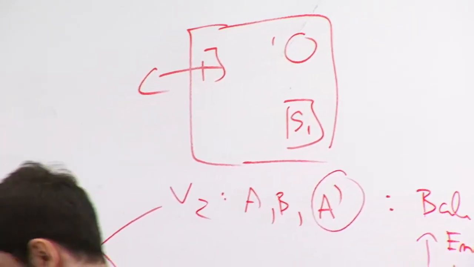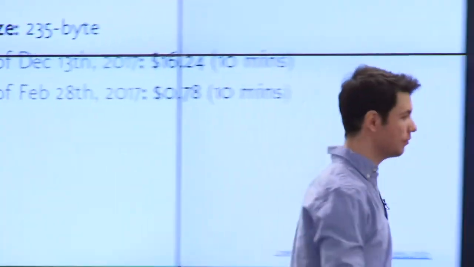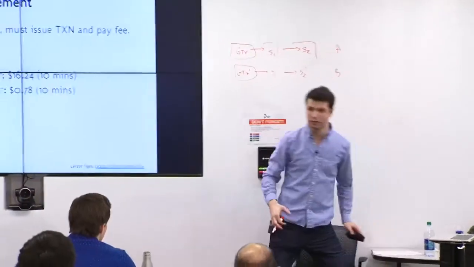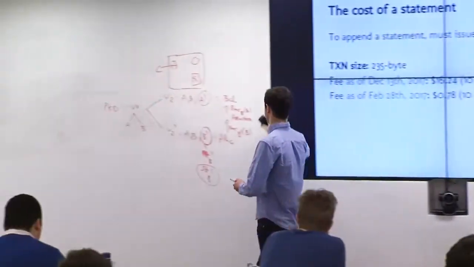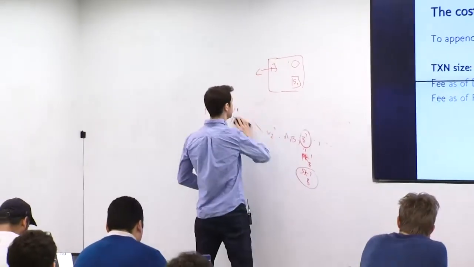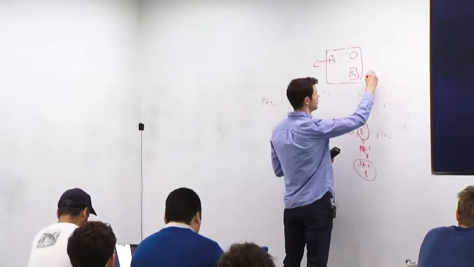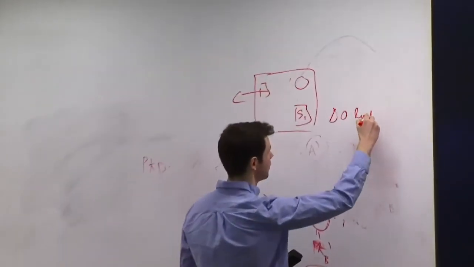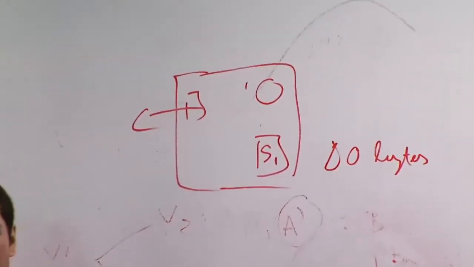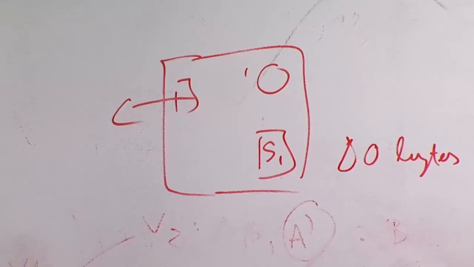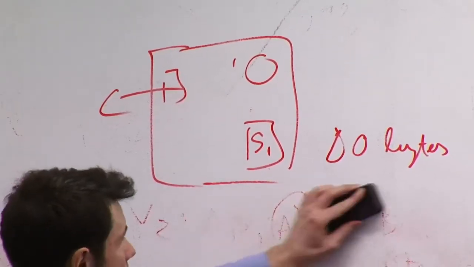But as a matter of fact, what you can do, and some of you may already notice this, is there's no reason to put just one statement in here. The only reason is that it only fits 80 bytes. So you could easily put, let's say, 2 or 3 statements in there if you hash them with the right hash function.